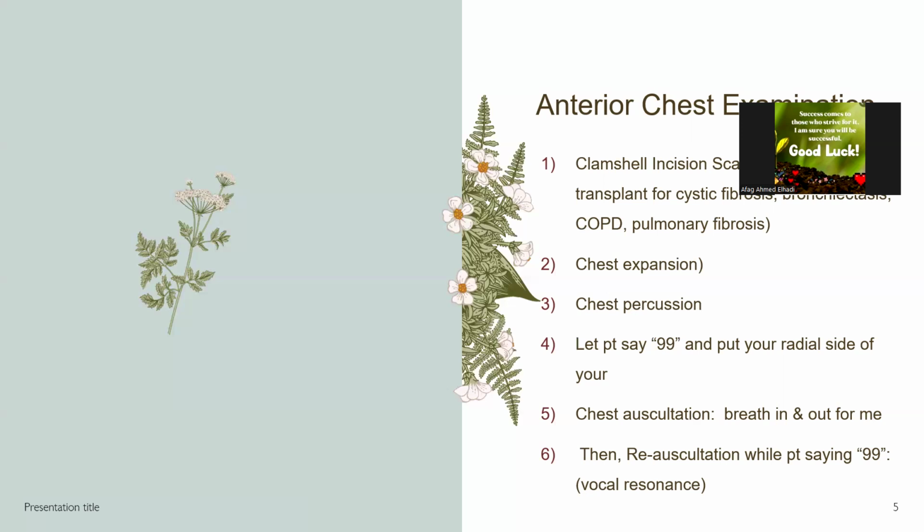And then we put our hands by the radial side and ask the patient, would you please say 99? The most important part is chest auscultation, and we need to do chest auscultation 2 times. We ask the patient, would you please take deep breaths in and out every time I place my stethoscope on your chest?